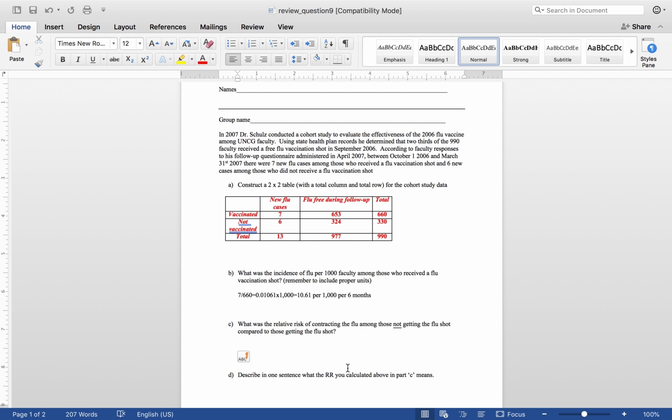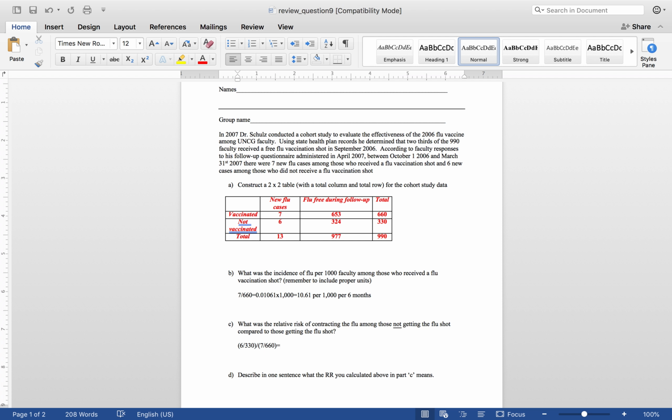And we get that by calculating out 6 divided by 330. And then we're comparing it to the incidence of flu in those that did receive a vaccine. So that's going to be what we calculated up above in item B, which would be the 7 divided by the 660.